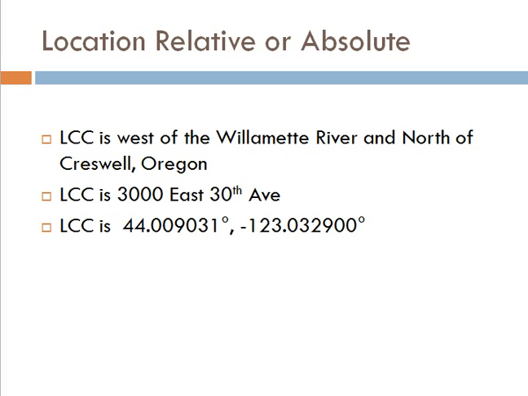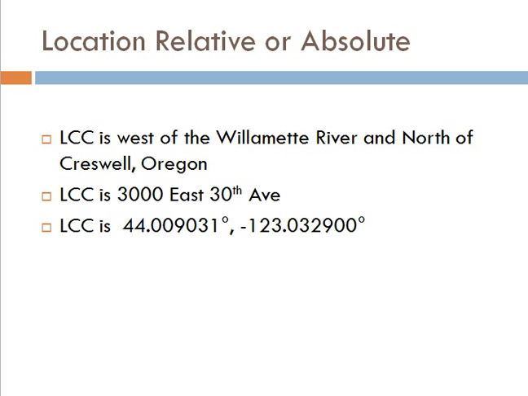So if I were talking about Lane Community College, I could say it's west of the Willamette River, north of Creswell, Oregon. I could say it is half a mile south of Highway 30. It's more of a quarter of a mile. So I could use all of those things, but those locations are only relative to other places.